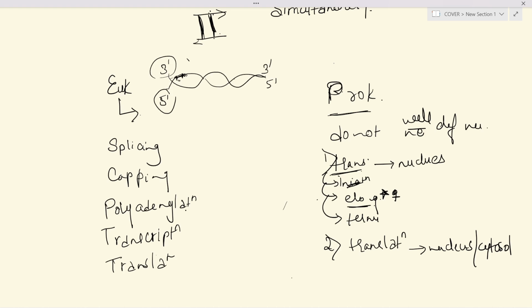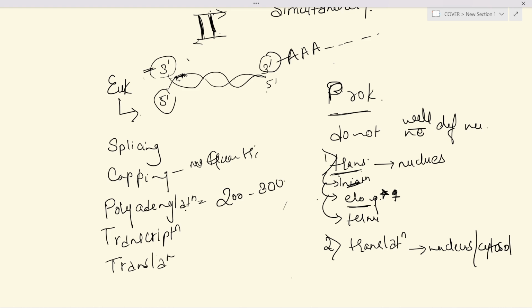Methyl guanosine triphosphate, MGT, is added at the 5' end, and at the 3' end polyadenylation takes place, where we add adenylate residues. About 200 to 300 are said to be added at the 3' end. Such sequences are continuously added, and these sequences are added in a template independent manner.